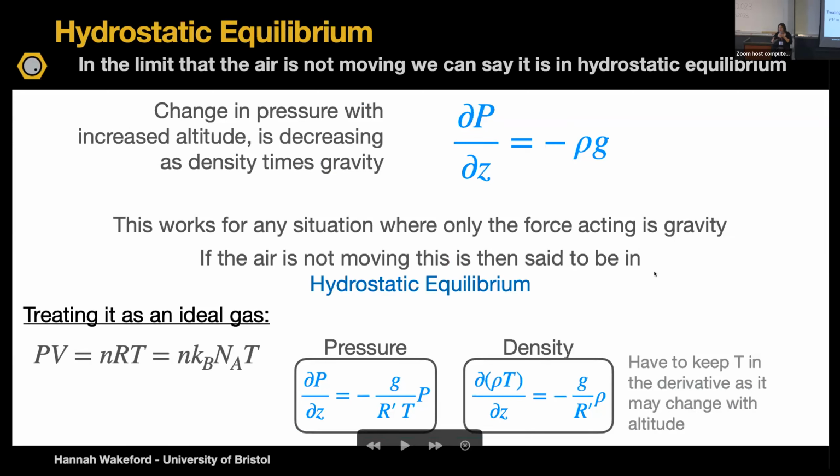So if we're saying that it's in hydrostatic equilibrium, we're changing over a very, very small distance in our atmosphere, we can calculate that we've got these changes in pressure with altitude equal to these two different formulas with our pressure and then our density. Now, the critical thing is that in our density, we have to keep our temperature in that derivative because that might be changing with altitude too. And we know that it is changing with altitude.